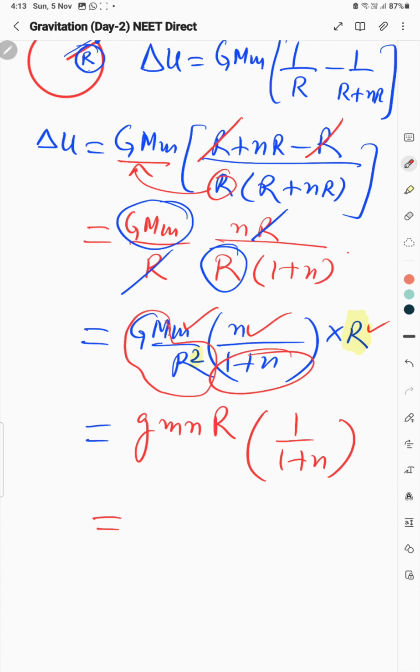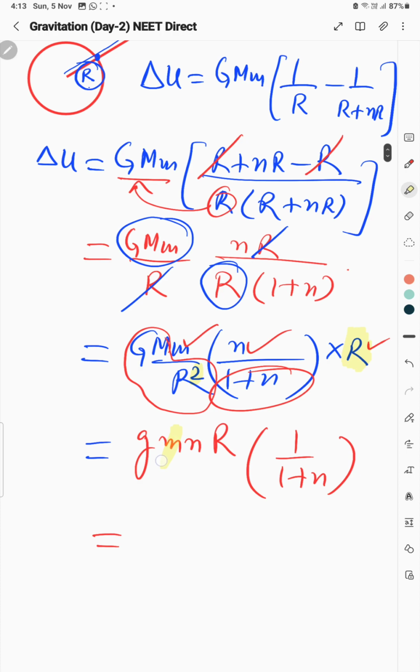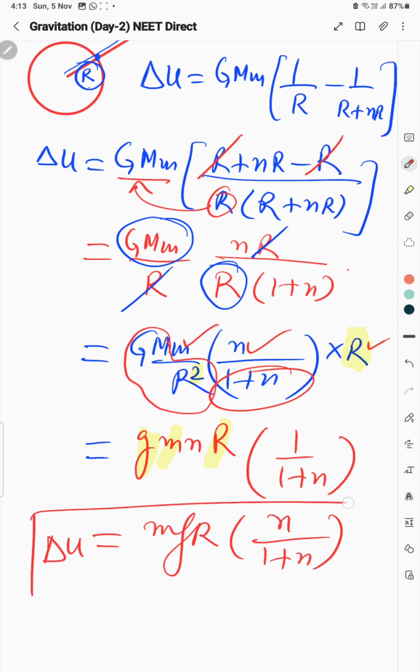Let's now simplify this. You have m g r written over here, and the remaining term is n divided by 1 plus n. This is the change in potential energy of that particle.